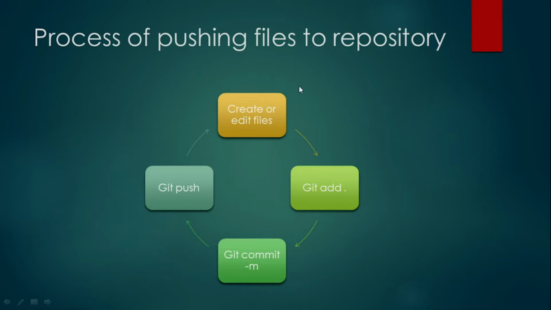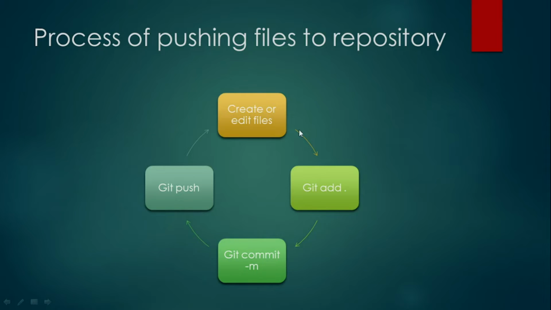So the process of pushing files to repositories: create or edit the files in your local, and then you do git add, then git commit, then git push. So this is a basic example of how the cycle works. Then again you make some changes, then again git add, then git commit and git push. So these are the basic commands that you need to use in these processes.